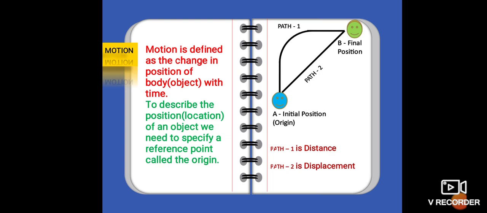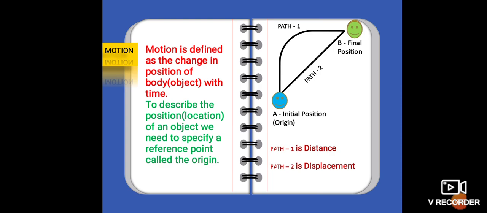But for the second smiley, that is green smiley, path 2 is the distance as well as the displacement, because path 2 is the actual length covered by the second smiley, and this is also the shortest distance between its initial position to the final position. You got it? Distance and displacement.